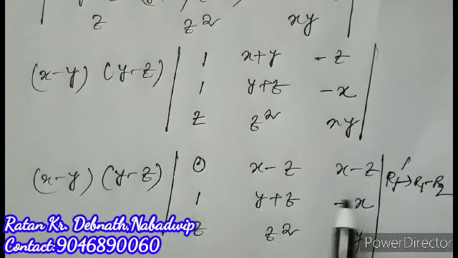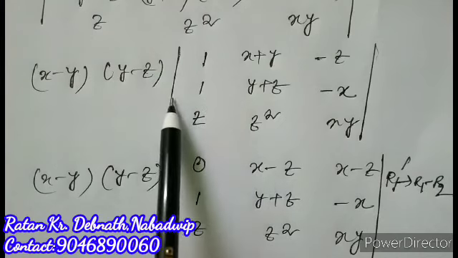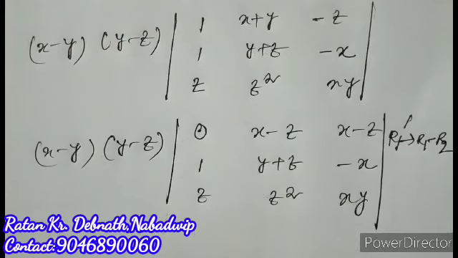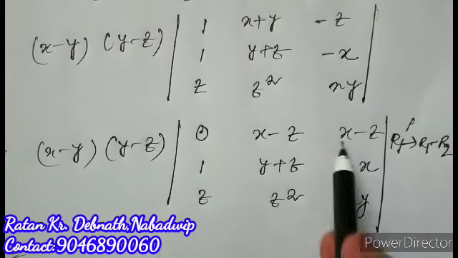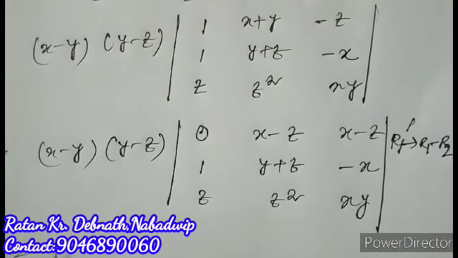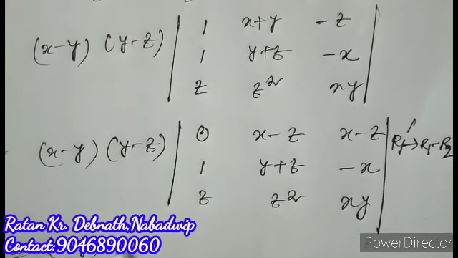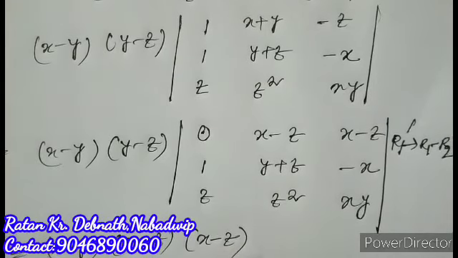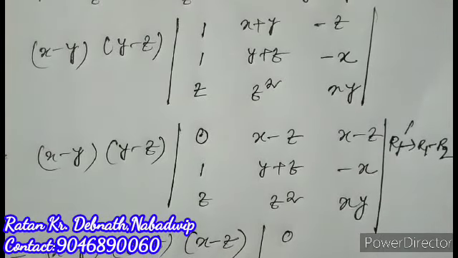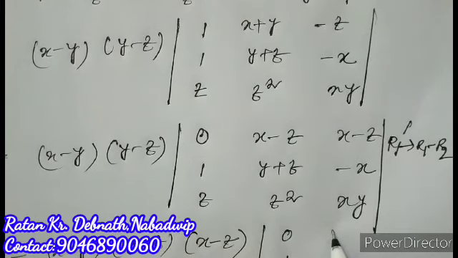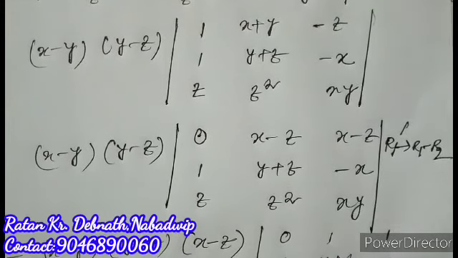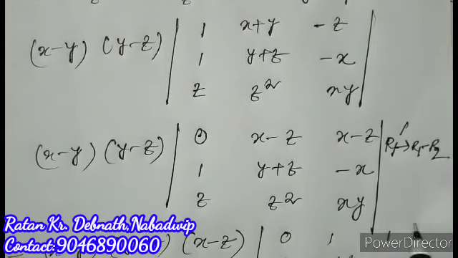New R1 formed by subtracting the second row from the first one. Now I am taking common x minus z from the first row. 0, 1 z, 1 y plus z, z square, 1 minus x, xy.